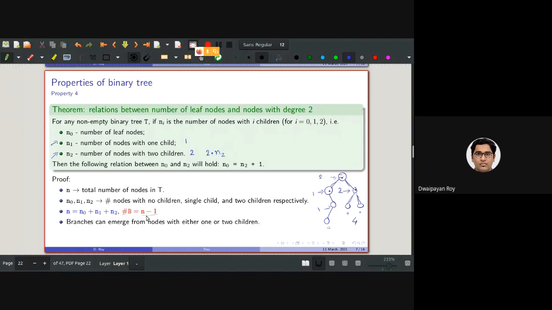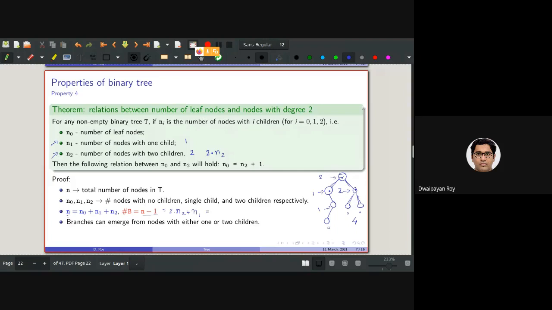Now, the total number of branches, n minus 1, will be 2 into n2 plus n1, isn't it? Have I written it correctly? Yes. So n minus 1 equals 2 into n2 plus n1. We already know that the value of n is n0 plus n1 plus n2.